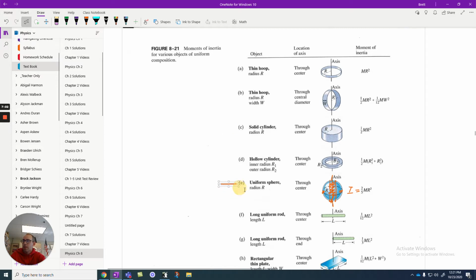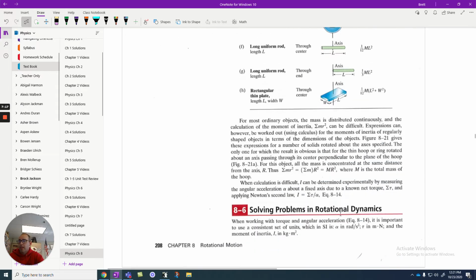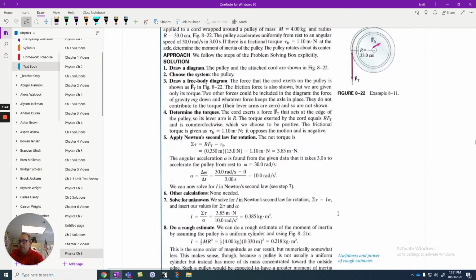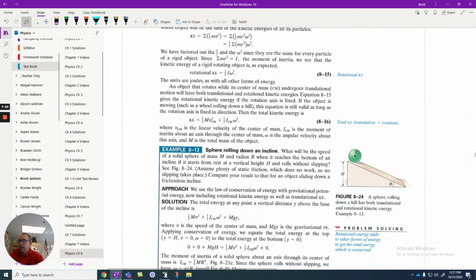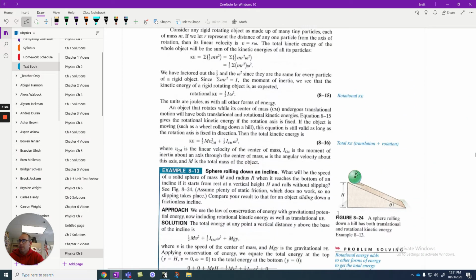But the moment of inertia is something that we will calculate a few times, and if we want to know its unit, mass is kilograms, radius is meters, so it would be kilograms times meters squared for a moment of inertia. That's going to allow us to solve a lot of problems using torque and alpha, our acceleration.